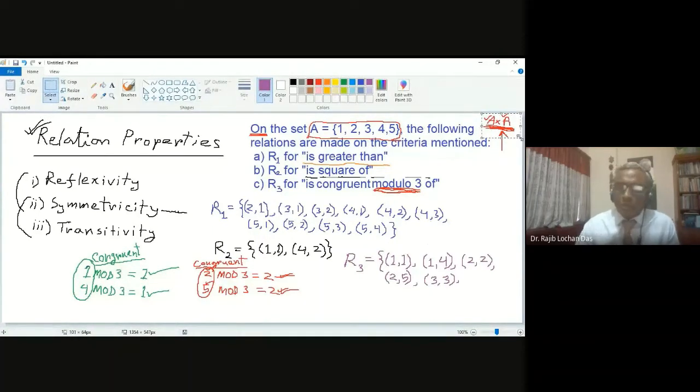Okay, now think about any more pairs. 3, 4 or 3, 5 possible?